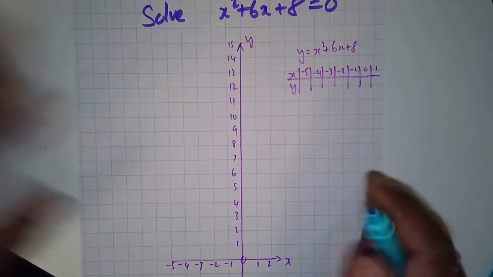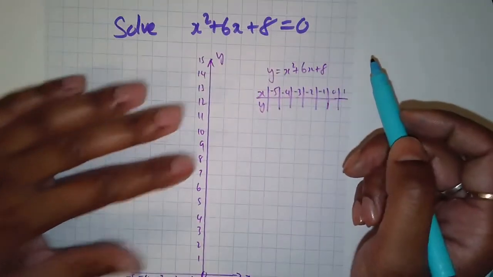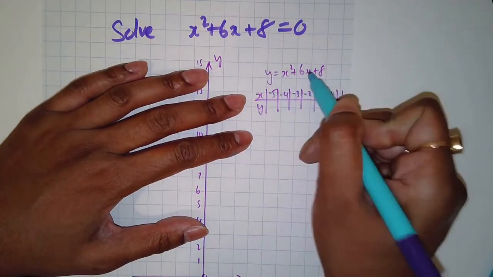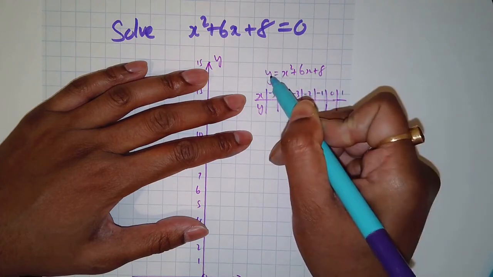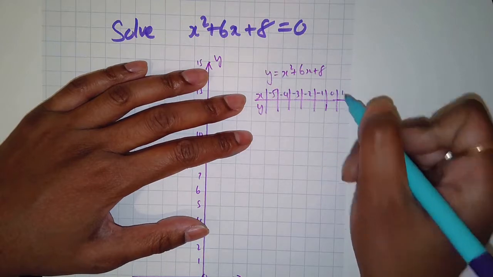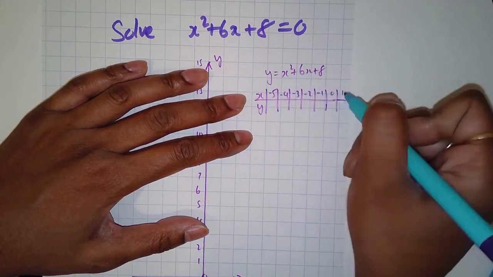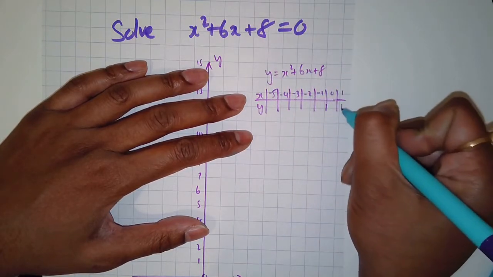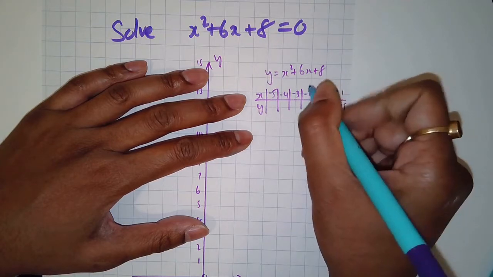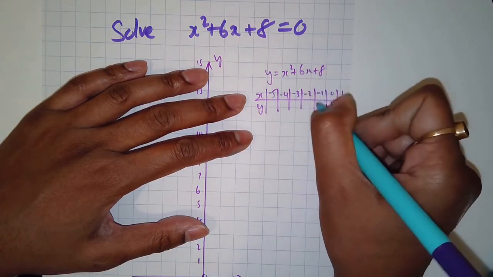So here, what you do is replace the x with 1 and see what value of y you get, and then replace it with 0, negative 1, negative 2 and so on. So if we replace the x with 1, the value of y I get is 15. Replace the x with 0 and so on. Replace the x with negative 1.